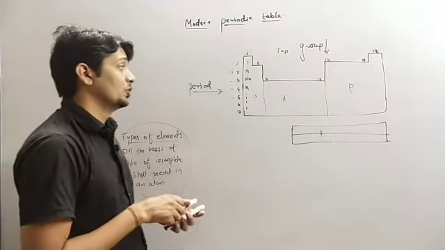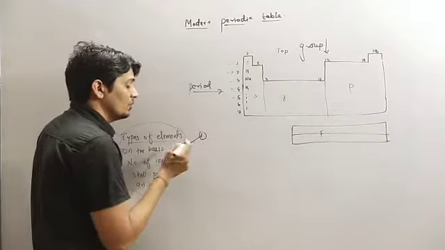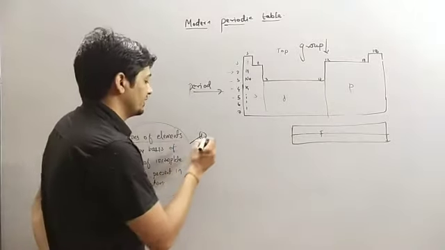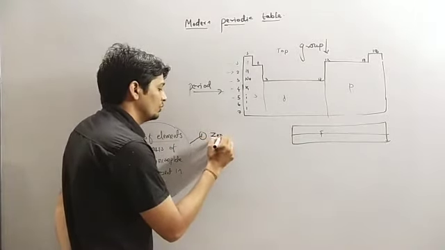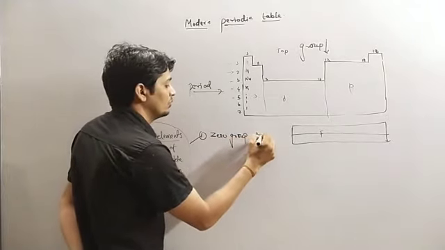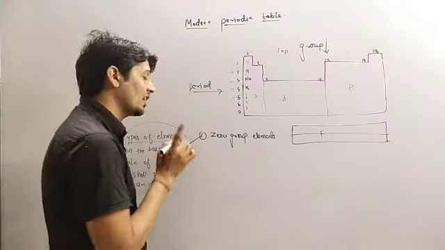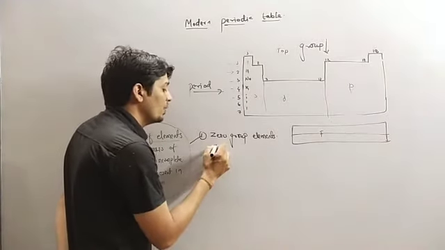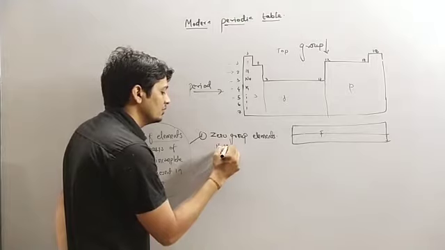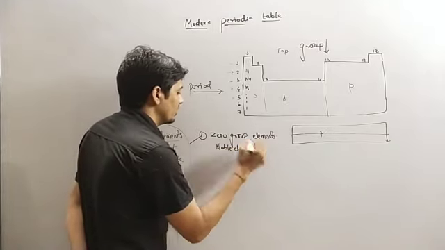First, the type is zero group elements. The zero group elements are also called noble elements.